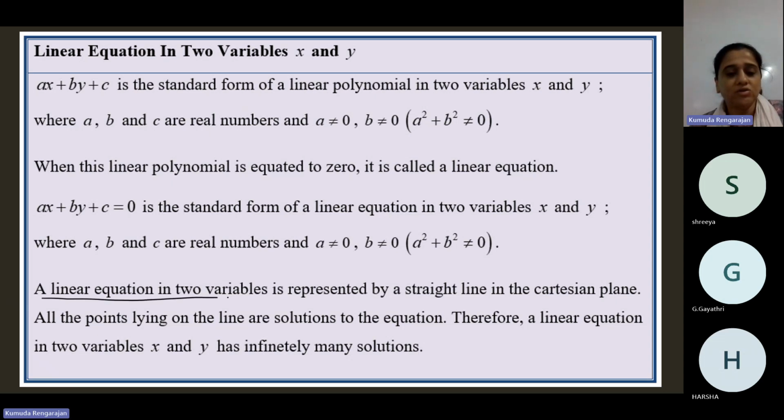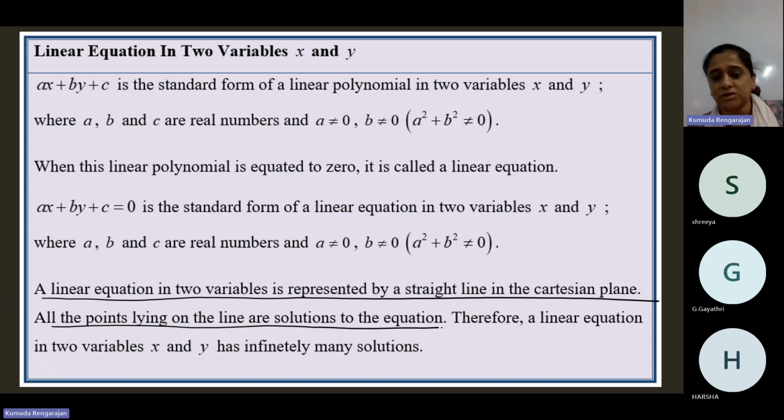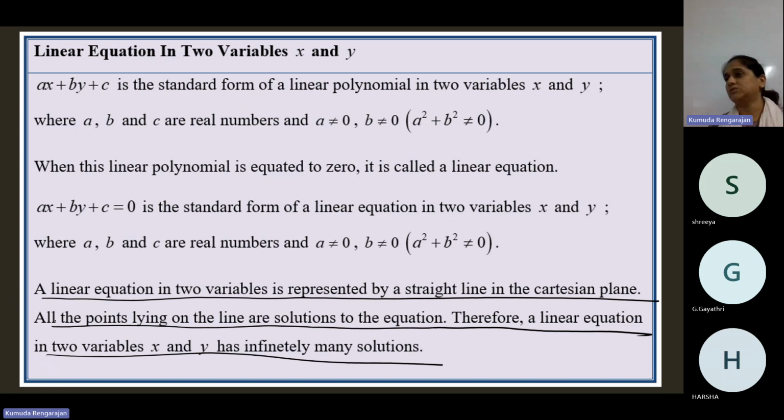A linear equation in two variables is represented by a straight line in the Cartesian plane. All the points lying on the line are solutions to the equation. Therefore, a linear equation in two variables x and y has infinitely many solutions. One variable x, only one solution. Two variables x and y, infinitely many solutions. So you're learning two things: linear equation in one variable x, and linear equation in two variables x and y.